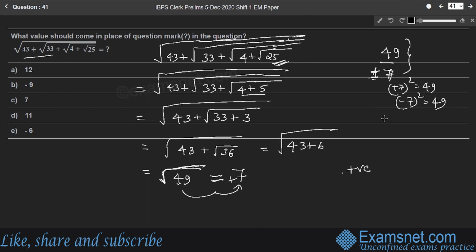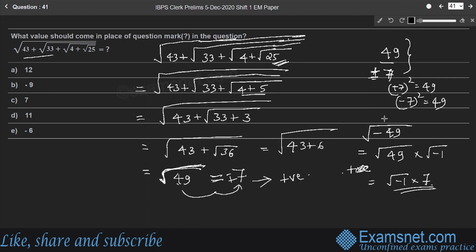Otherwise, if the value inside the square root is negative, say the question is find the value of root of minus 49, then it becomes square root of 49 into square root of minus 1. Then we will get a different value, root of minus 1 into 7, so this is not equal to plus 7. Therefore, the value coming out of a square root is always positive. Therefore, it is plus 7. Hence, option C.